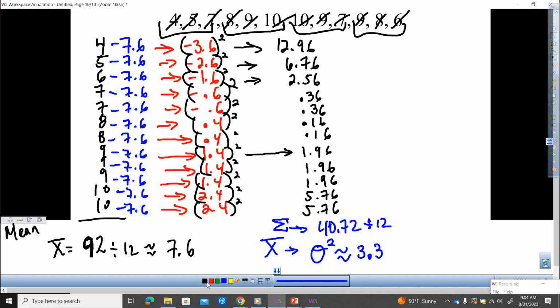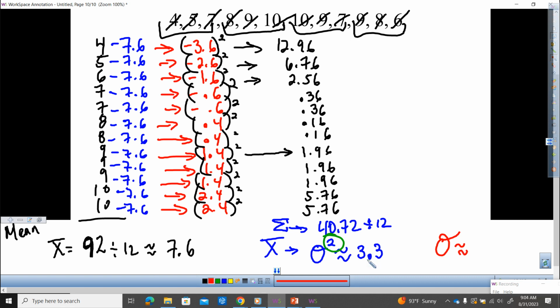However, we don't need that. We need what? Standard deviation. Which means, how do we get rid of this squared? Remind your neighbor, please. Yeah, so take the square root of 3.3. What is that? Priscilla, what'd you get?